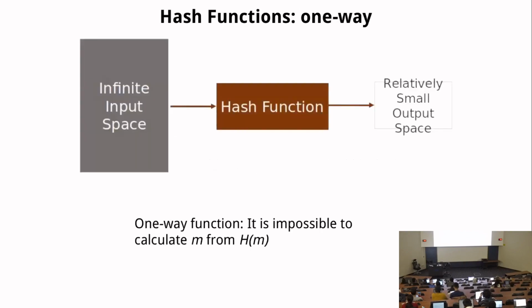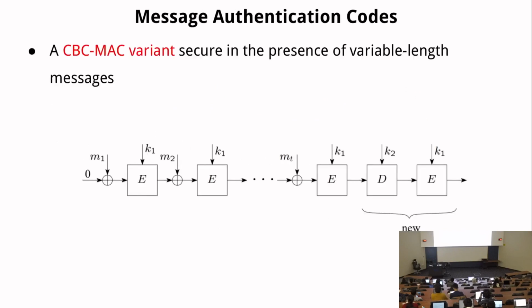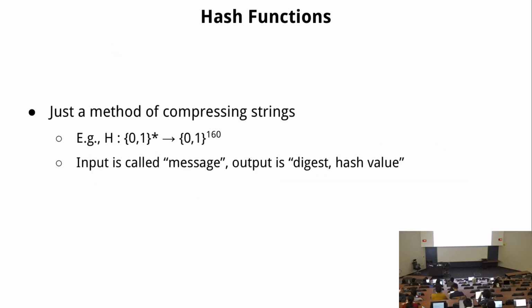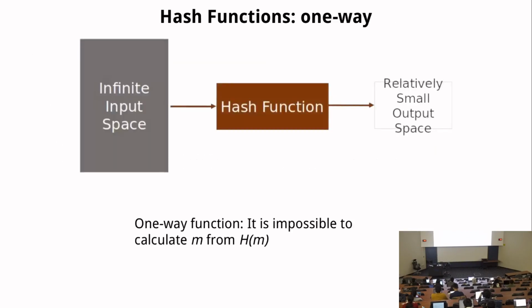So we call it a digest. Because a hash function works on anything, arbitrary long input, the input space here is infinite. The MAC function we saw just now is the same. The input here is also infinite. The output is fixed. But the hash function has a different design inside.